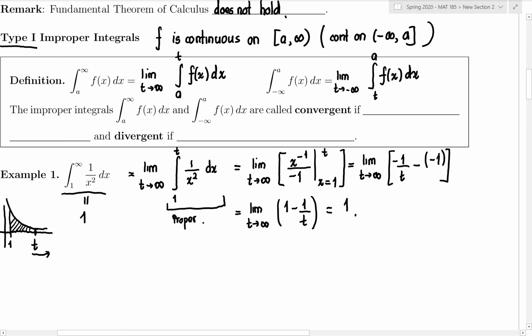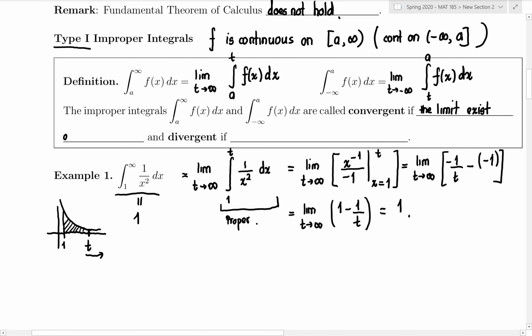Improper integrals are called convergent if the limit exists. We could compute a limit and the limit could exist or not, but not only does the limit need to exist, it needs to be finite, which means if we get positive or negative infinity, that is not convergent.